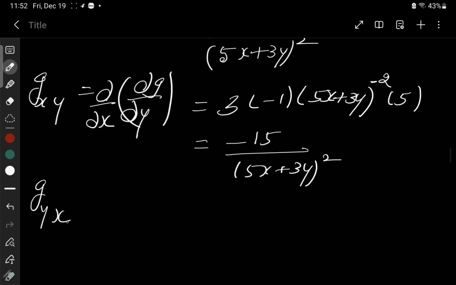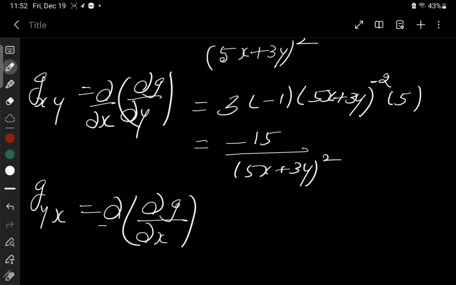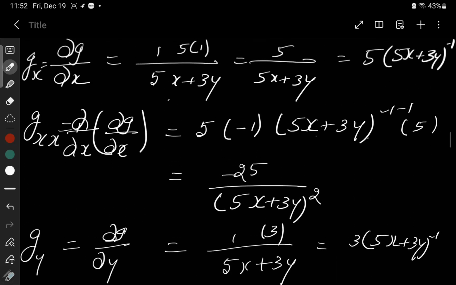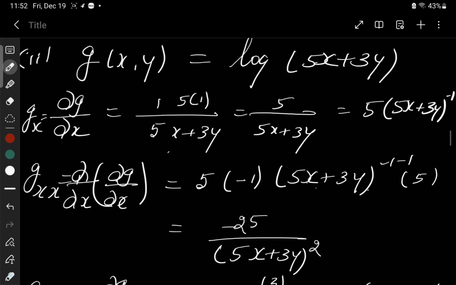Gyx. Dou g by dou x with respect to y. Gx is this. So 5 into this. I am going to differentiate this with respect to y.